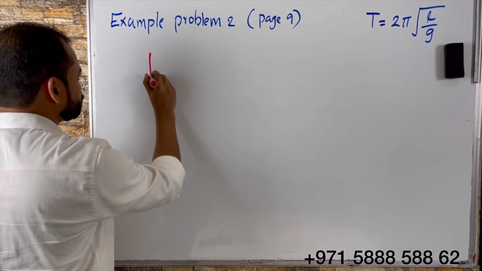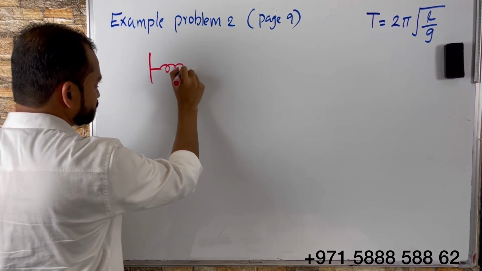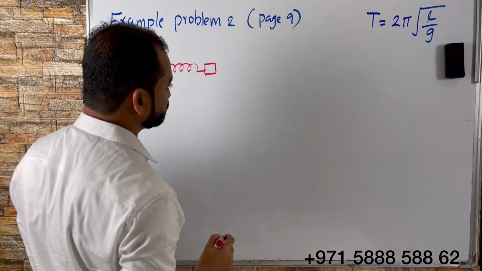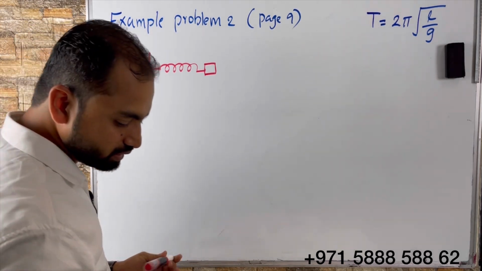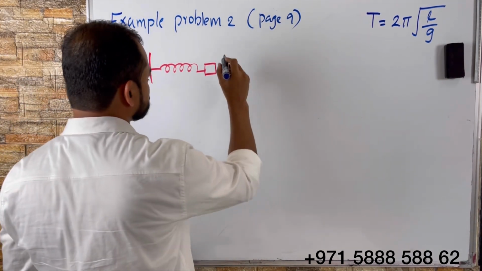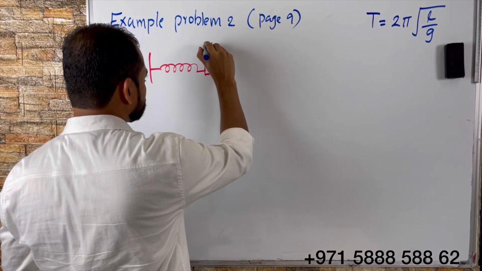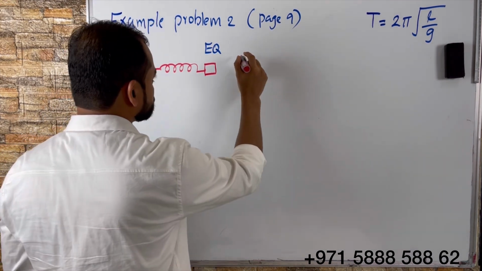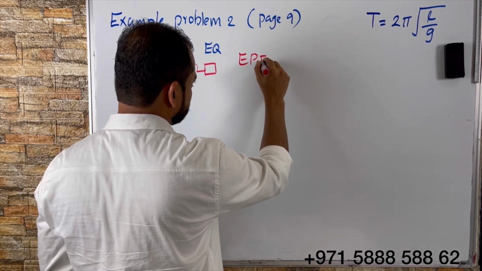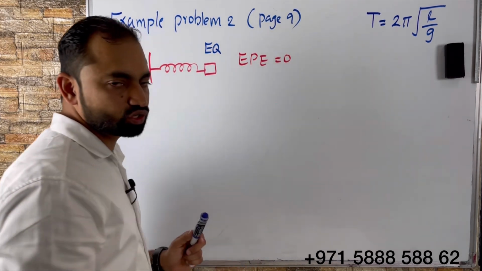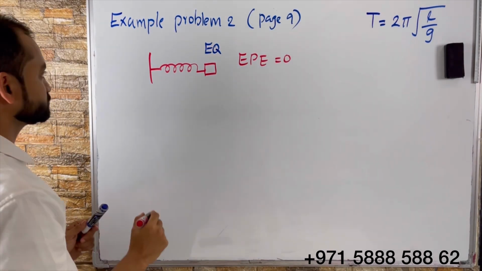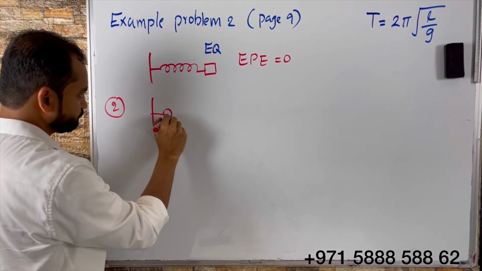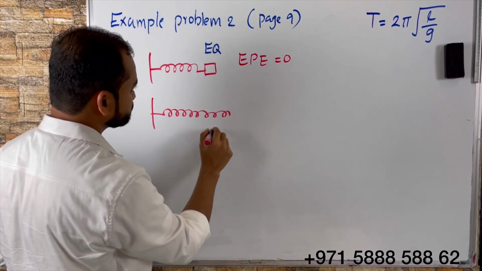So we have the first spring here like this. This is at equilibrium, right? So at equilibrium I will just write EQ. At equilibrium the elastic potential energy of the spring will be equal to 0. Then what happens in the second spring? The spring is extended, right?